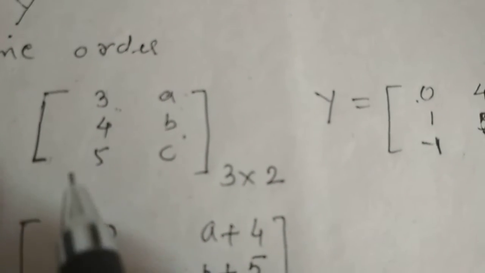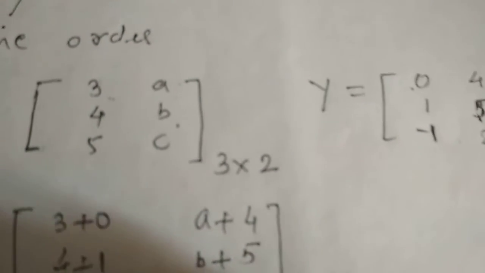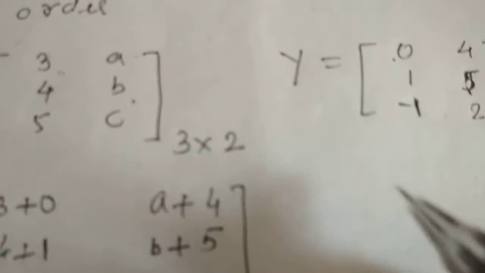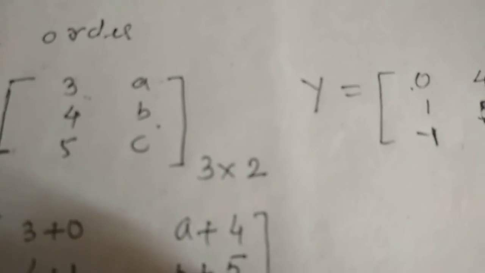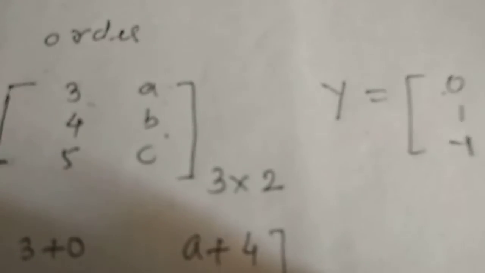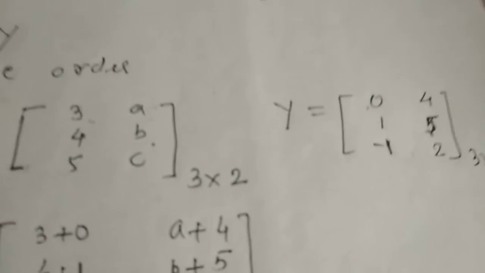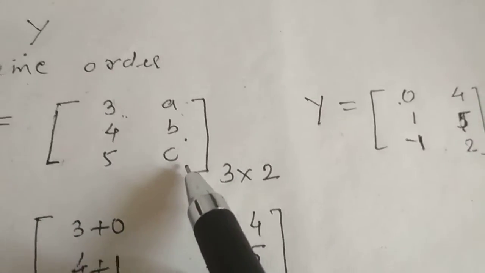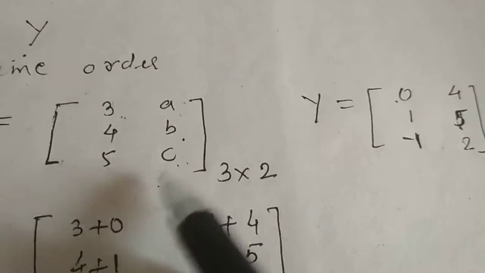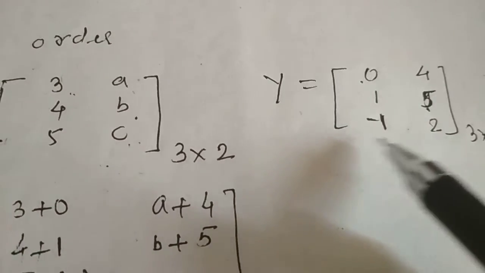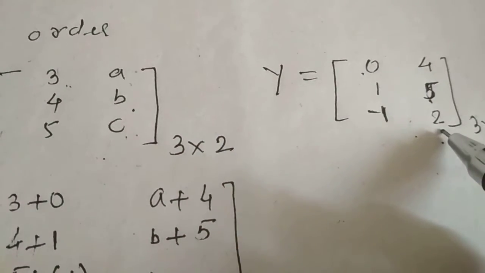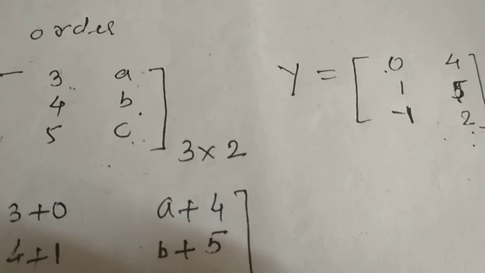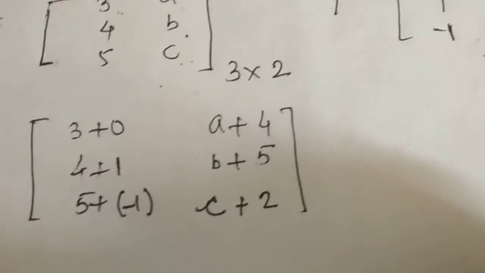Similarly, the third row first column element is 5 over here, and in matrix Y, the third row first column element is -1. So I will write 5 plus -1. Similarly, C in the third row second column should be added to the third row second column element, which is 2. So I will add C and 2 and write it like this, C plus 2.